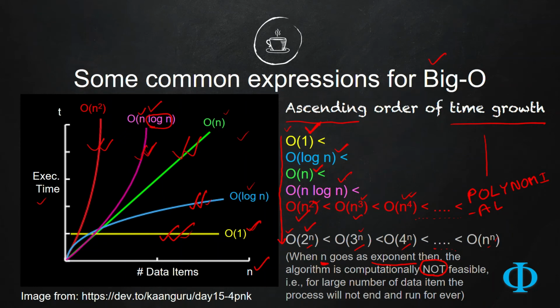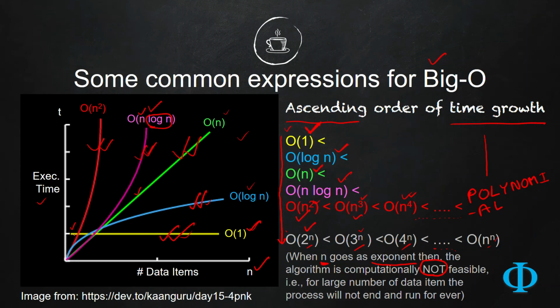Now, one more thing I would like to clarify here: you should not judge an algorithm by the time taken for a very small amount of data items. What I am trying to say is, consider this order of 1 curve and this order of n curve.